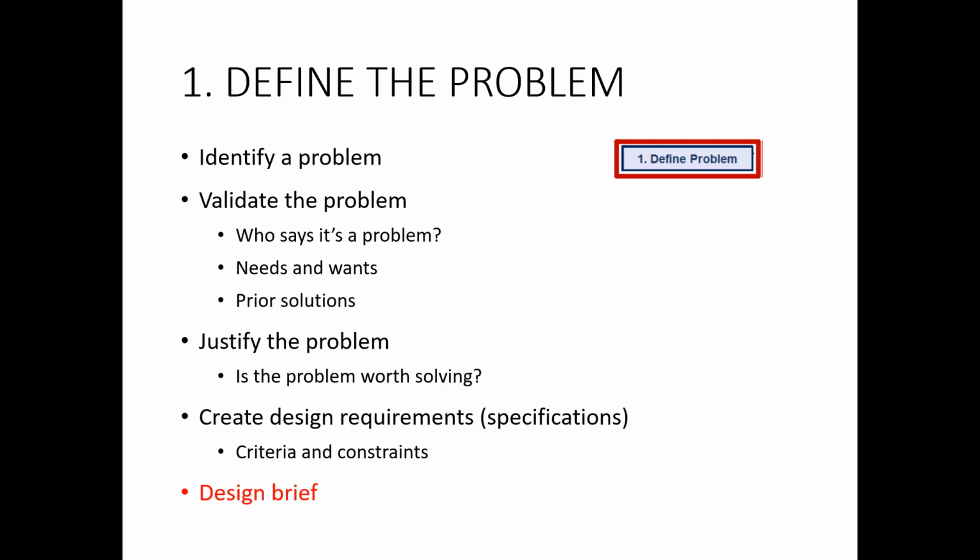Suppose you are a customer and you need a product to satisfy a particular need or requirement. Then that requirement of the product becomes the problem. So the problem is actually the requirement for a product or a solution.